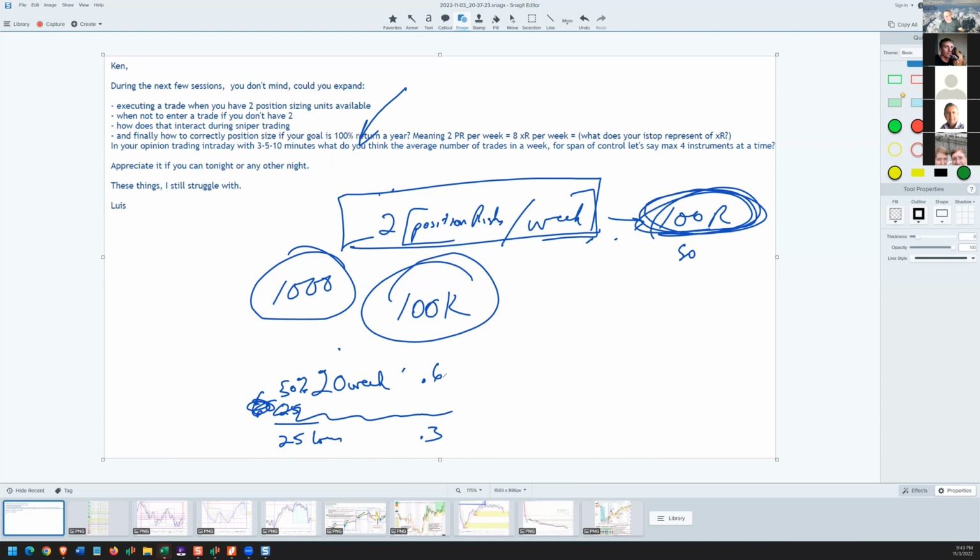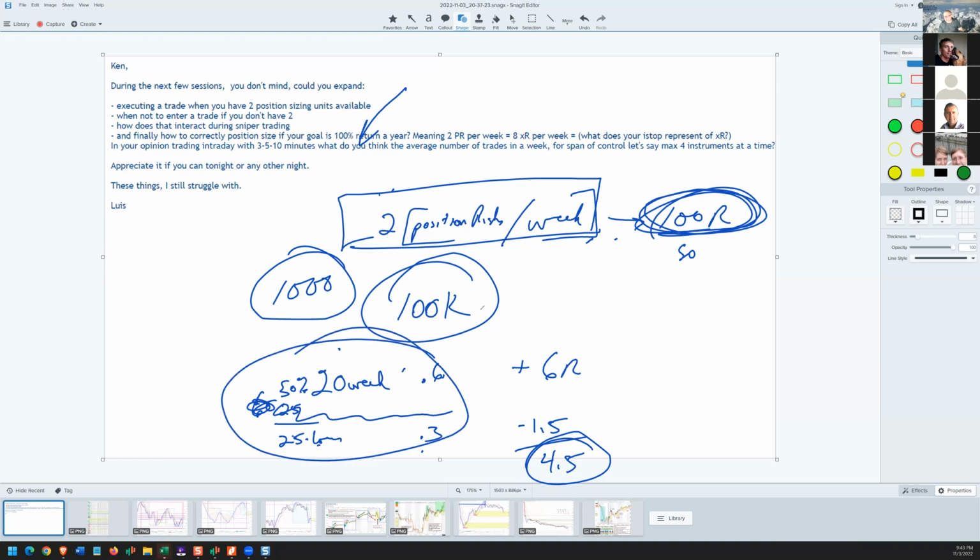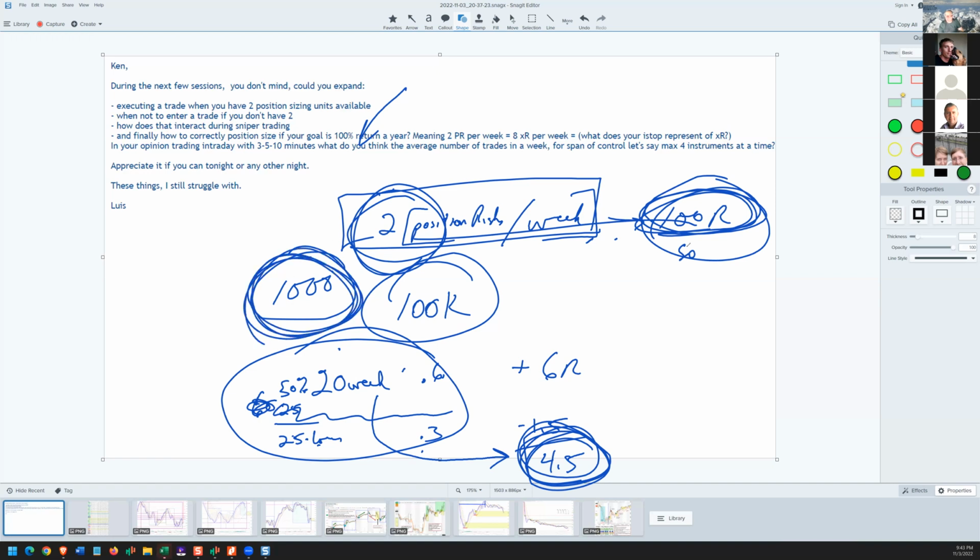Well, if I do the math on that, 10 trades at 0.6 is 6R, and 5 trades at minus 0.5 is minus 1.5. So if I can produce those numbers reliably week after week, I have a reasonable expectation of making 4.5 R a week on average, and I only need to net 2 a week. I've given myself plenty of wiggle room that at $1,000 of weekly R I can net 100.